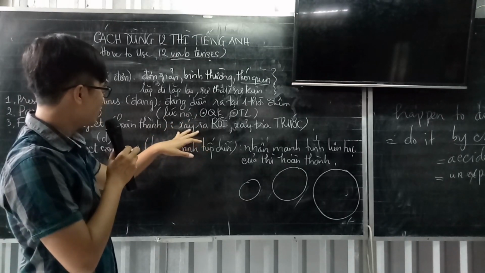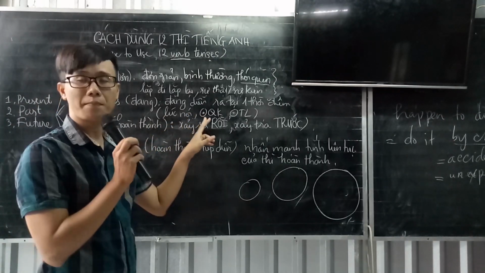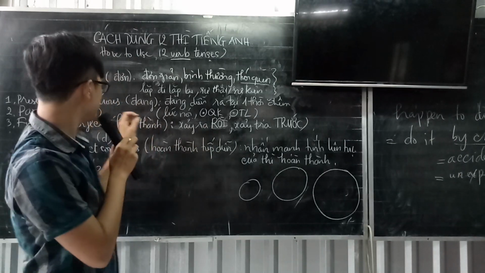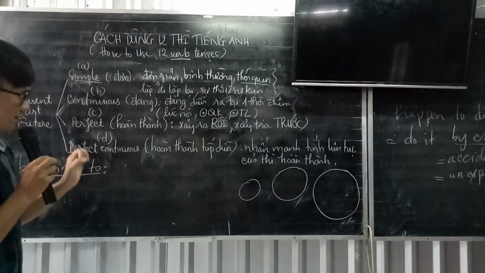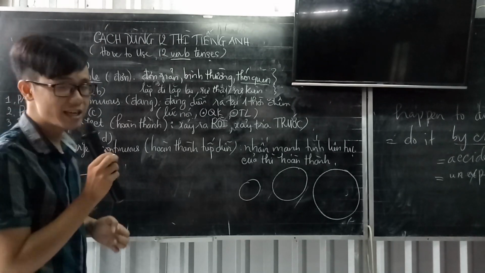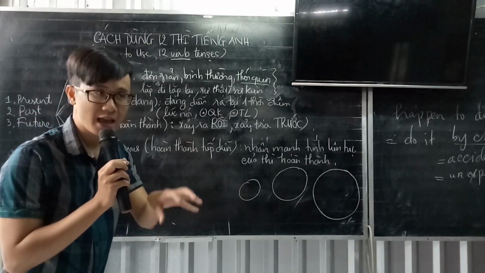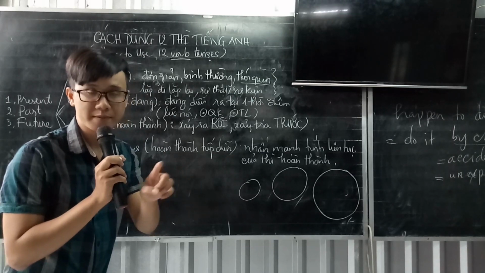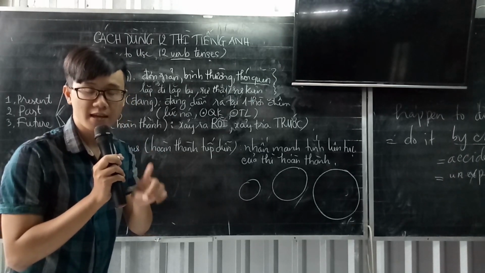And when it comes to the past, you can use past continuous tense for expressing an action which is happening at a point of time in the past.